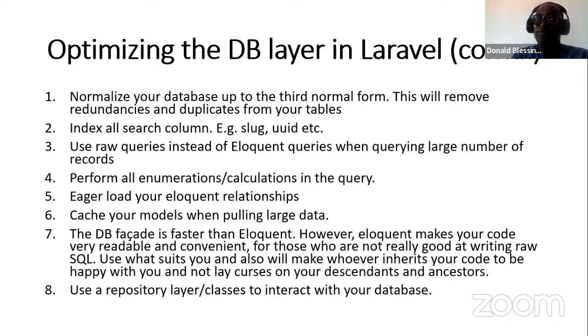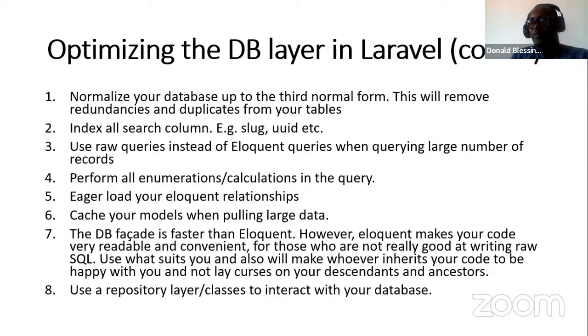Eloquent may not do it for you the way you want, and Eloquent can be very slow. Perform all enumerations and calculations in the query, not after the query. Load your Eloquent relationships wherever you are, whenever you are pulling records.